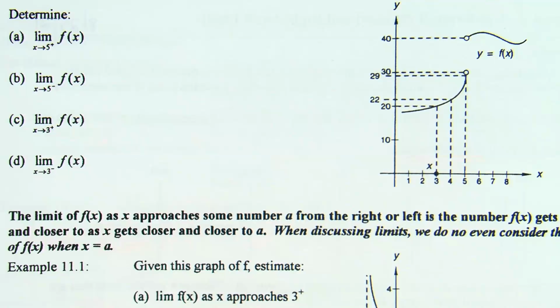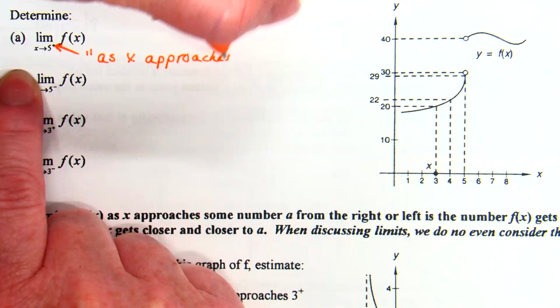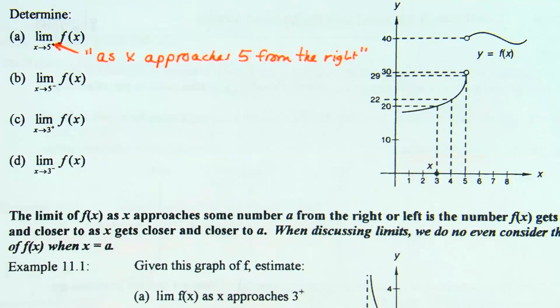So when you see that little plus sign, I read it as x approaches 5 from the, I always say right. Officially, I should probably say from the positive direction, but it's as it approaches from the right. Okay? That's what that little plus sign is there.